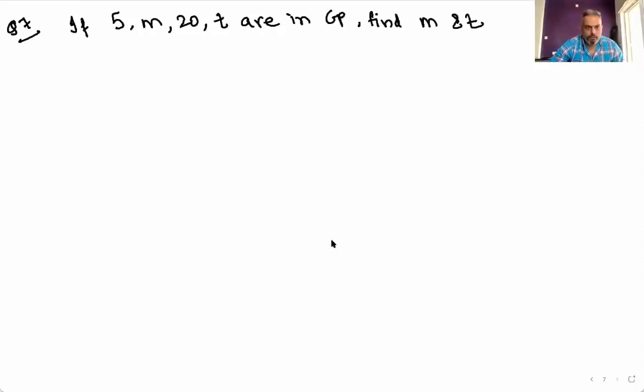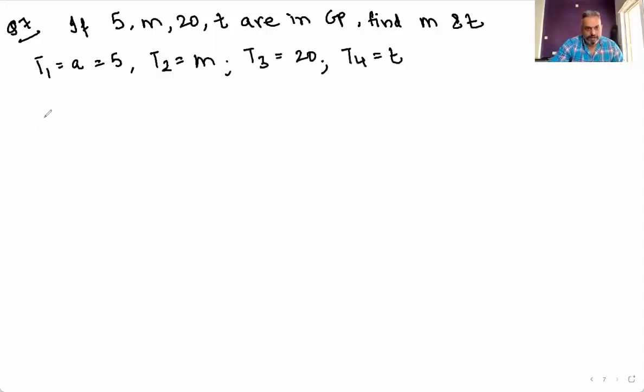So now let's write this. T1 is equal to A, which is equal to 5. T2 is equal to M. T3 is equal to 20 and T4 is equal to T.